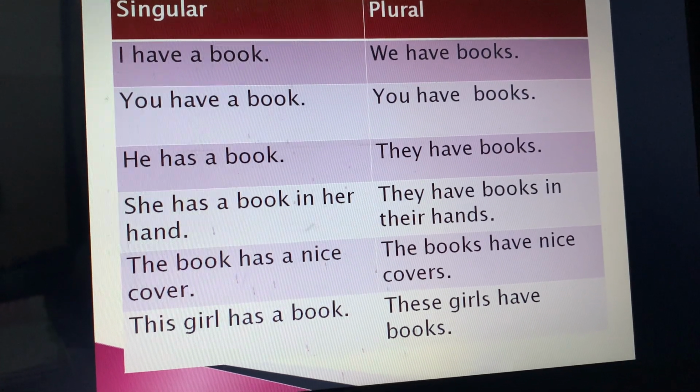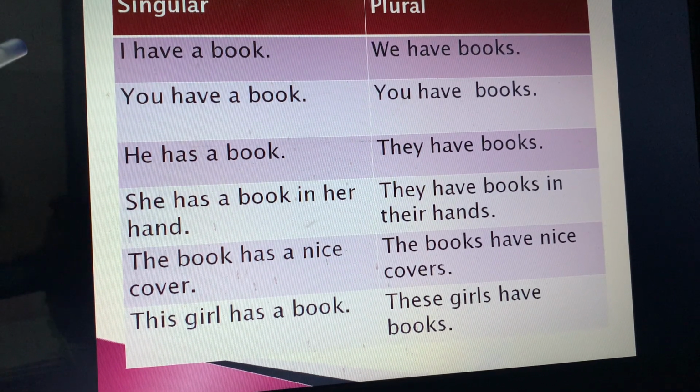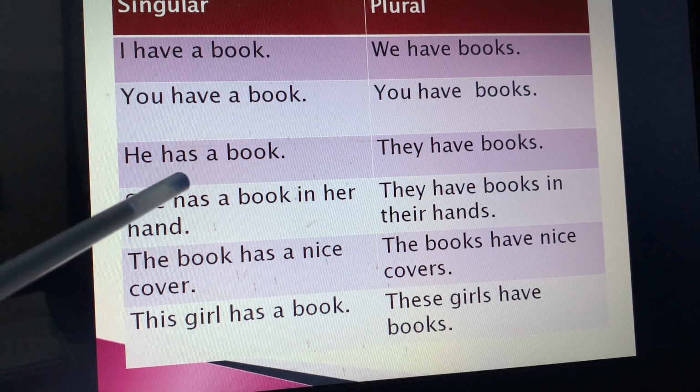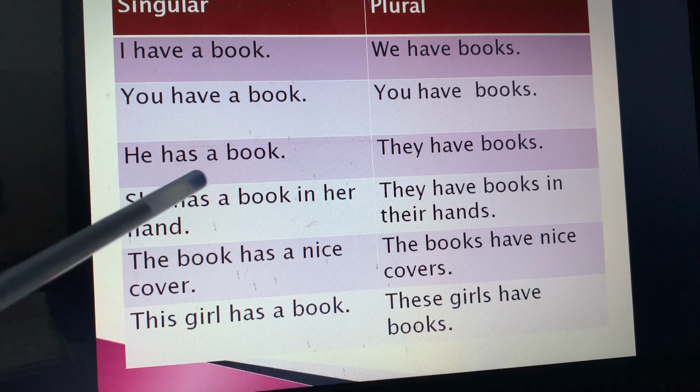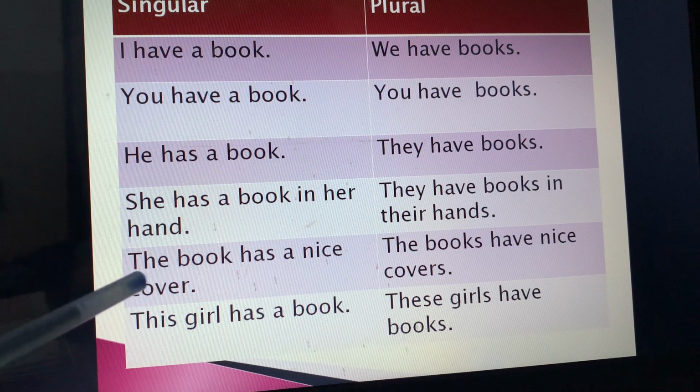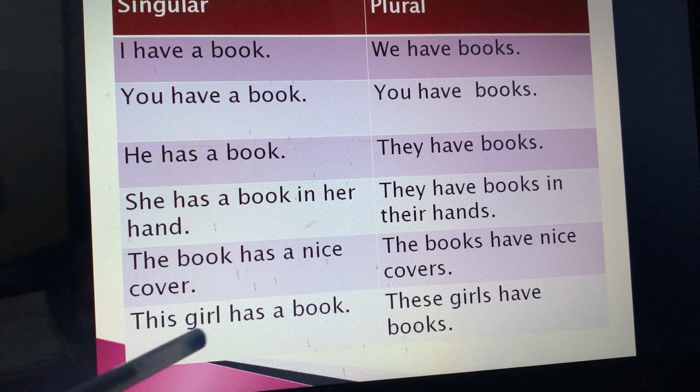Let's take an example. I have a book. You have a book. You is always treated as plural. He has. Now he is singular, so we are using has a book. She has a book. The book has a nice cover. The book is the singular noun. This girl has a book.